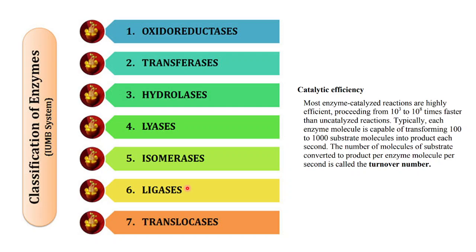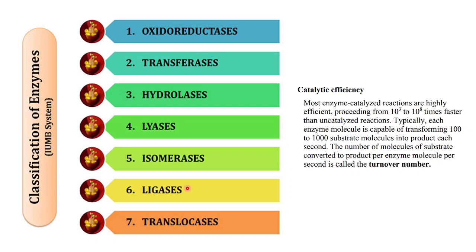Right now, each enzyme molecule is capable of transforming 100 to 1000 substrate molecules into product each second. Now, the number of molecules of substrate converted to product per enzyme molecule per second is known as the turnover number.